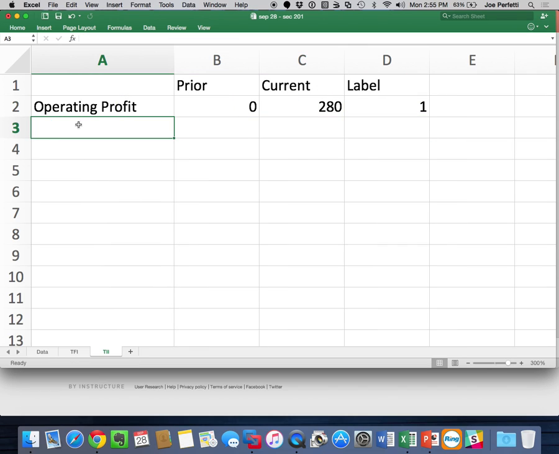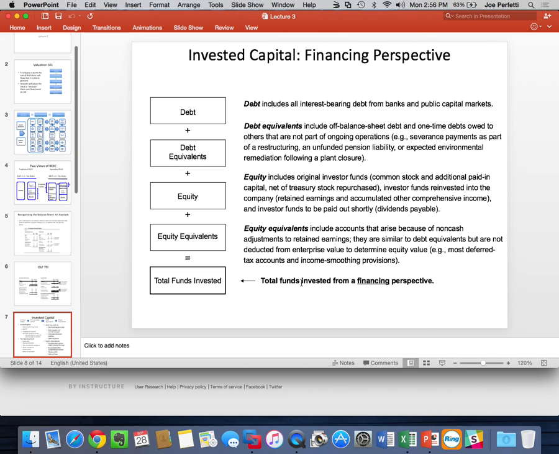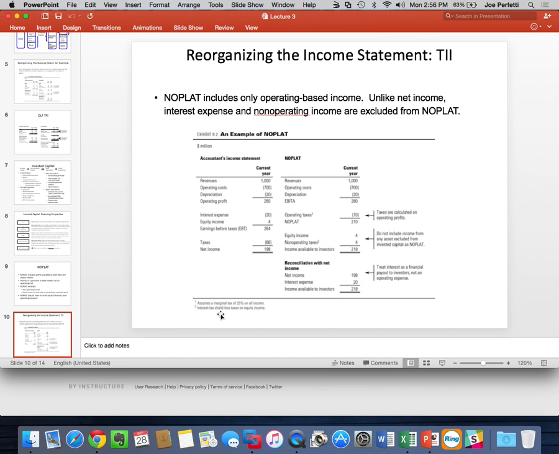Now, here's what I meant by the tax issue. So if we reported tax on operating profit, and in the PowerPoint slide, down here, there was a little footnote, and the footnote said marginal tax rate of 25% on all income. All right, so our effective tax rate is 25%.